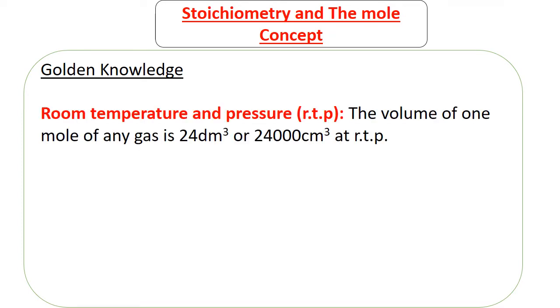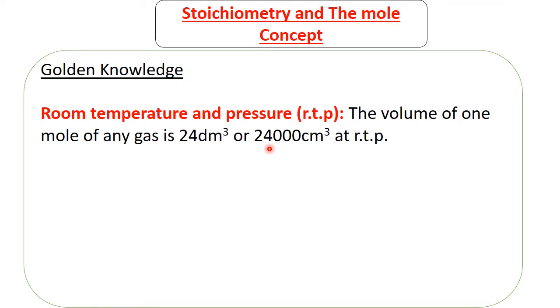There are two conditions where we do our measurements. The first one is called RTP, which is room temperature and pressure. At room temperature and pressure, the volume of 1 mole of any gas is 24 decimeter cubed or 24,000 centimeter cubed.